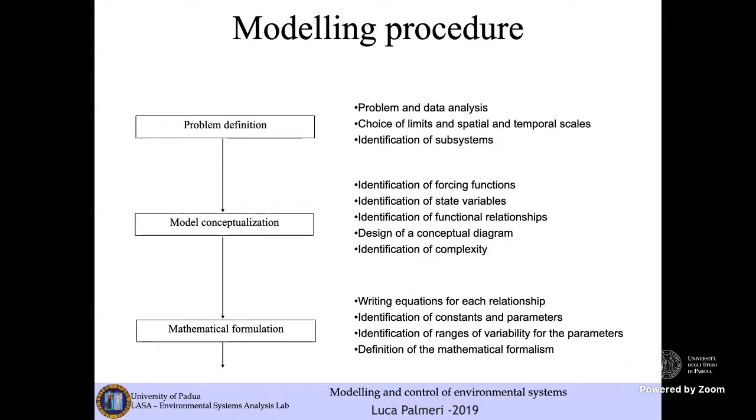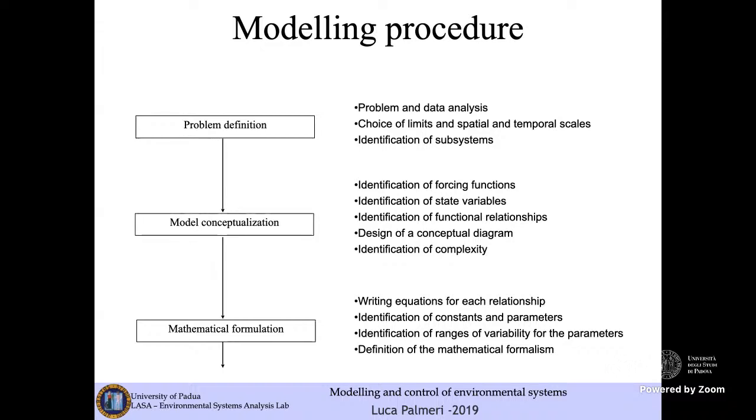Problem definition. So we look at the problem we want to describe. For example, as I told you, the example of eutrophication. So we look at the problem and we look at the data available for describing this problem. For example, for eutrophication, how much data I have concerning, for example, chlorophyll A concentration.